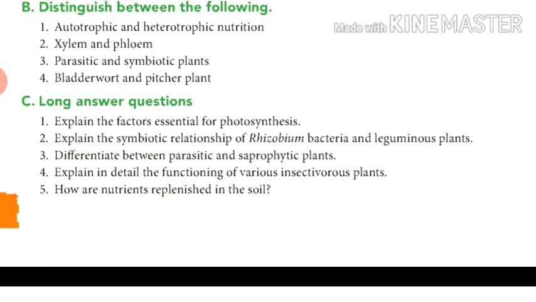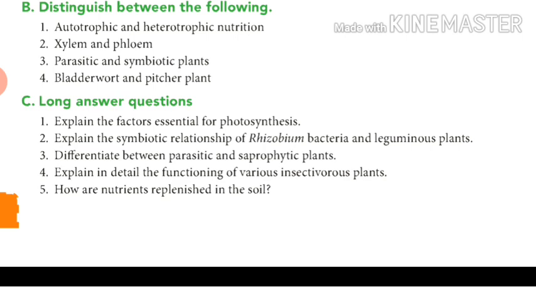Write down two or three points of difference, and examples also. Now the fourth question: explain in detail the functioning of various insectivorous plants. Write about the Venus flytrap, bladderworts, pitcher plants and sundew plants, from the textbook.